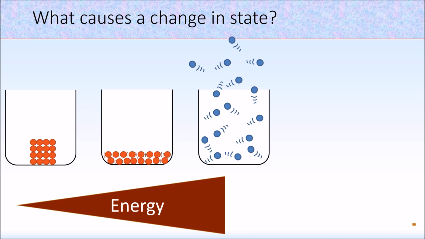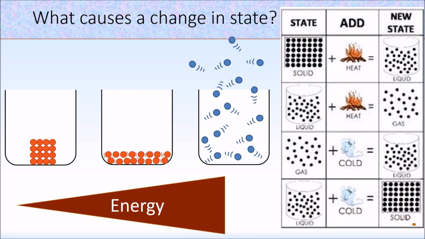If we use gold as an example, it exists as a solid at room temperature, but if you increase the temperature, it becomes a liquid, and if you increase it further, it can even form gaseous gold. That means that it will turn into a gas.